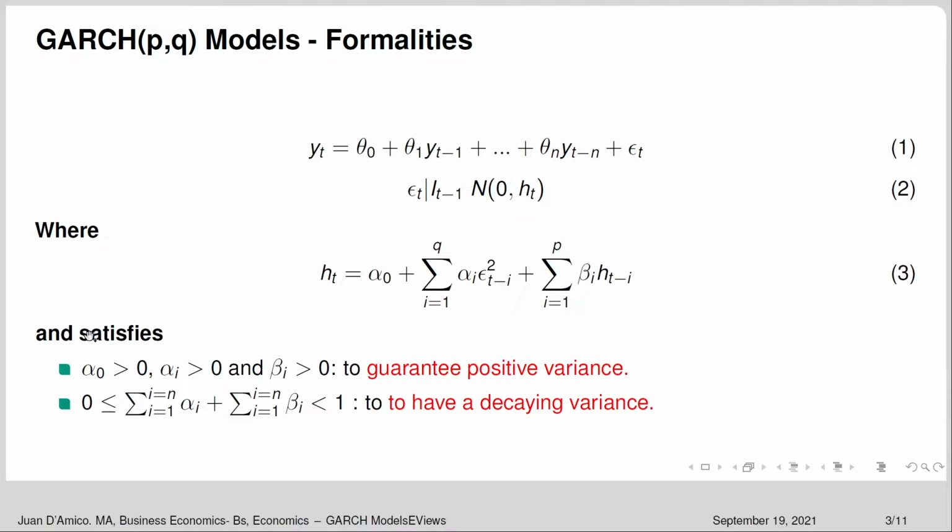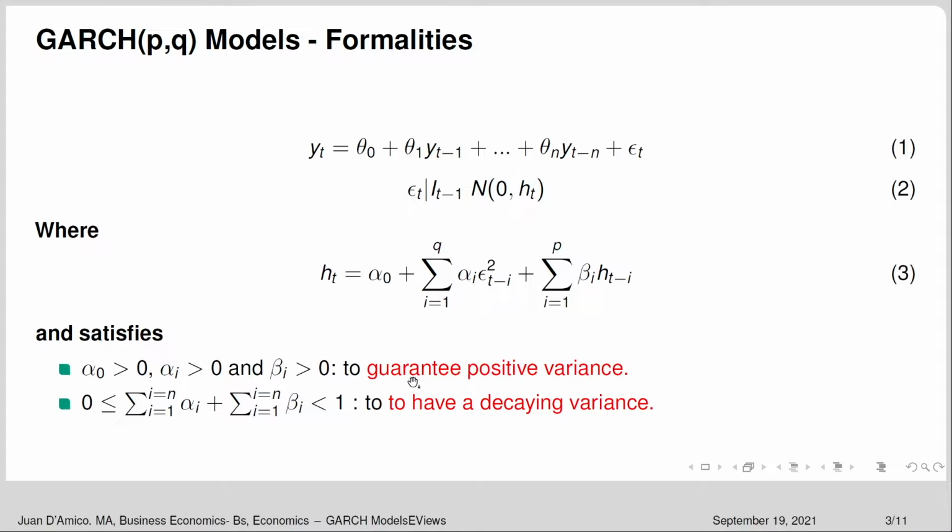And the following things have to be satisfied. We have to ensure that alpha 0 and all the alphas that we are going to incorporate, which stand for, remember, the ARCH terms, are positive. If we include 1, 2, 3, 4, all those ARCH terms have to be positive. And also beta 1, beta 2, beta 3, however many GARCH terms you include, they have to be positive terms.